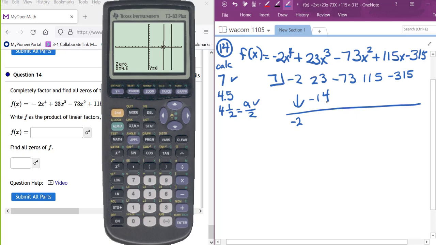And then we have 23 minus 14 is 9. 9 times 7 is 63. This gives us a -10. Negative 10 times 7 is negative 70. This gives us 45, and 45 times 7 we hope is 315. Which tells us that's a 0, which is what it should be.